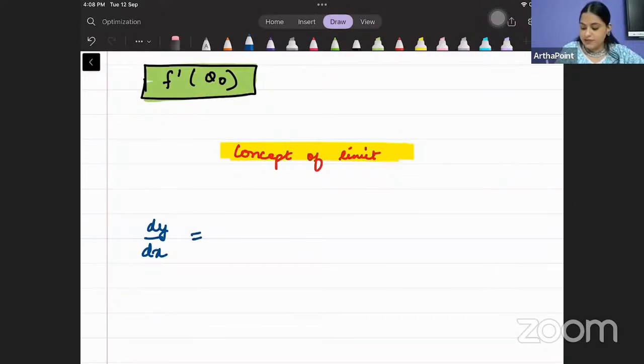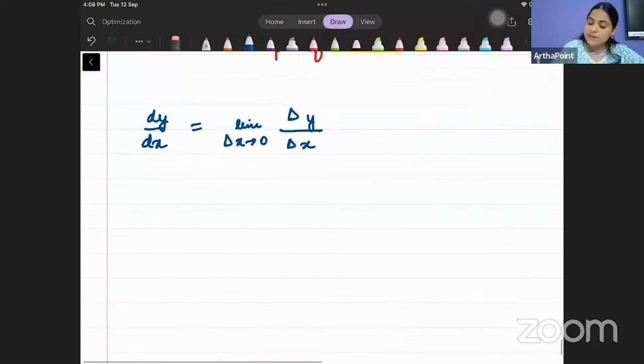If we have to find dy by dx, you find the change in y by the change in x, and the change in x should be very, very, very, very small. That is dy by dx. So if you see here, in order to find the derivative, beta, I am using the concept of limit. To find the derivative we are using the concept of limit.